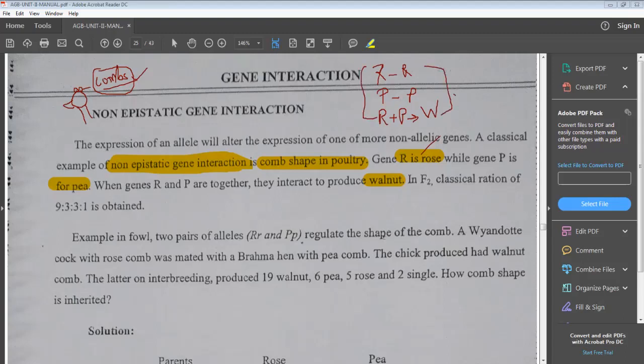These are the three basic forms, and in the condition where R and P are both absent, that is a single comb.